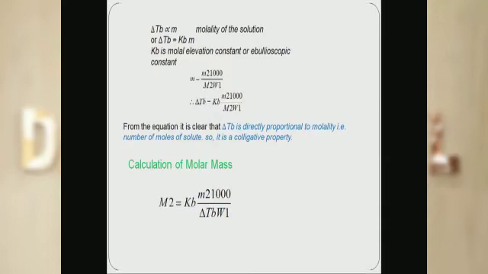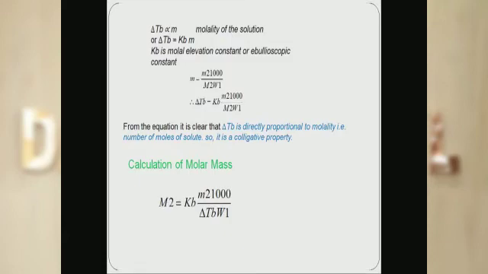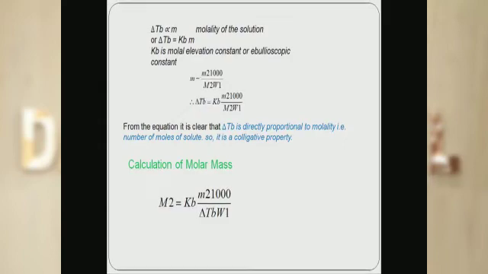From the equation, it is also clear that delta TB is directly proportional to molality, that is number of moles. So this is what the colligative property says, that's why it is a colligative property. From this relation also you can calculate the molar mass. The same formula can be used to calculate molar mass of the solute.